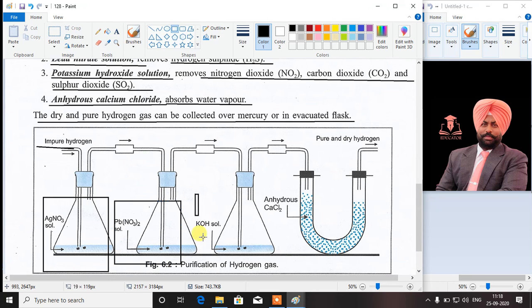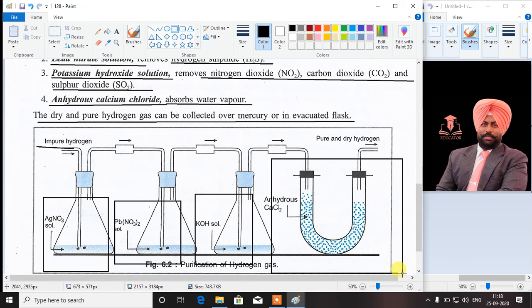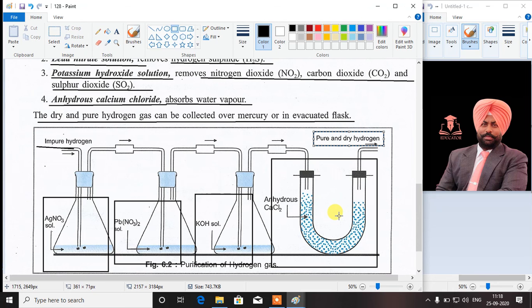The third is the conical flask containing potassium hydroxide, which removes nitrogen dioxide, carbon dioxide, and sulfur dioxide. The fourth, a U-tube, contains anhydrous calcium chloride, which removes water vapors, and the gas produced after removing all these impurities is pure and dry hydrogen gas. That's all in this video.